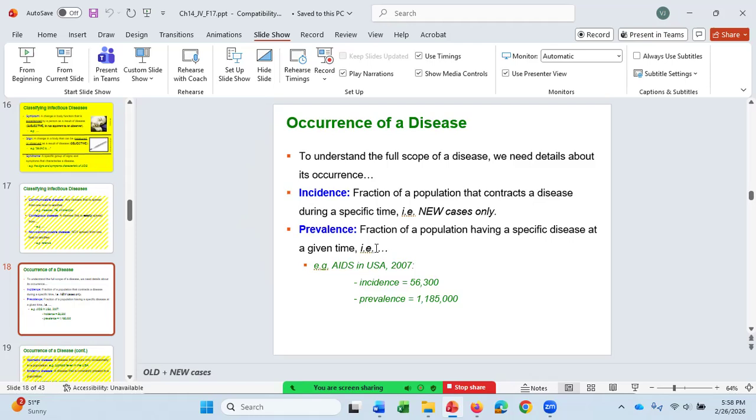To show you the incidence and the prevalence, in 2007, the incidence of AIDS, the new patients in the United States that came down with AIDS, was 56,300. But the prevalence of patients in the United States in 2007 with both new and old cases of AIDS was 1,185,000. And these numbers are for 2007. Any question about any of that?